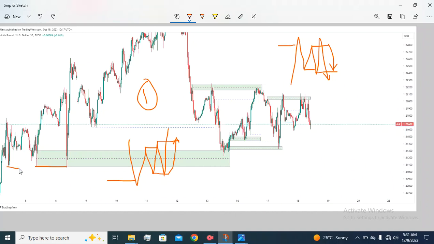This is where we took that guy, and by taking that guy, we had the clearest first break of structure right here, and its lower low right here.